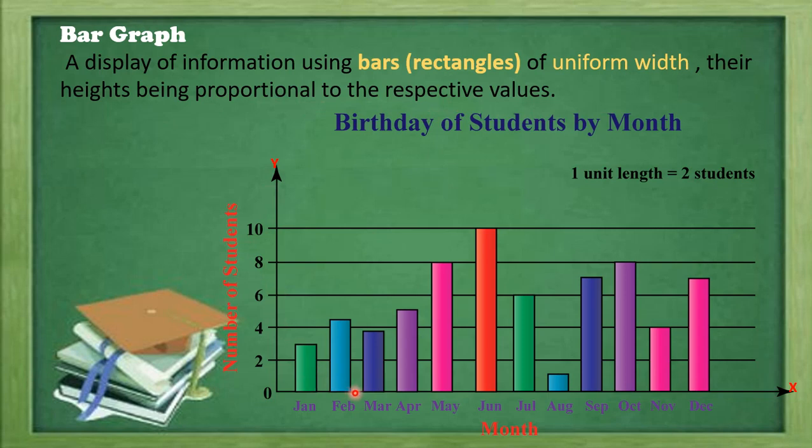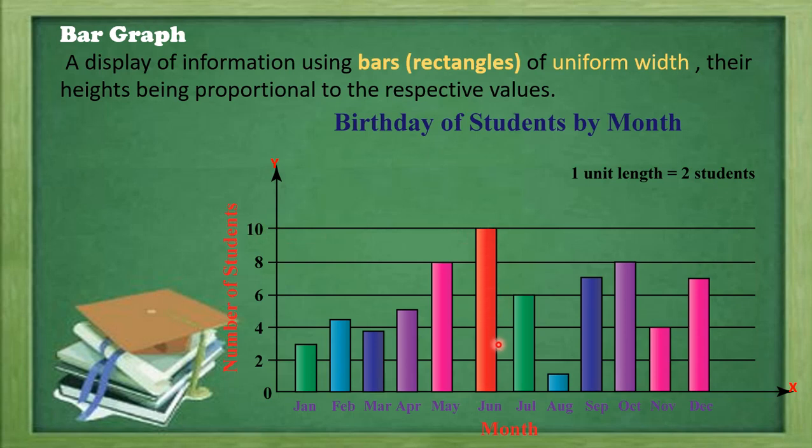So by observing this also we can say which rectangle has the maximum height. The rectangle in the month of June has the maximum height, and how many students are here? 10 students. That means we can say that 10 students have their birthday in the month of June.